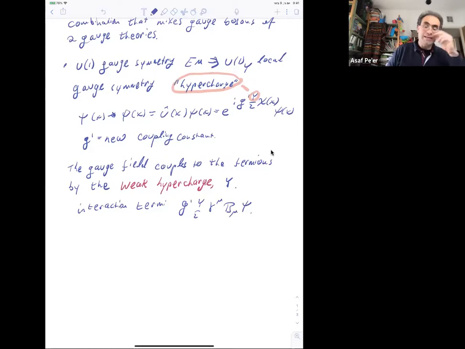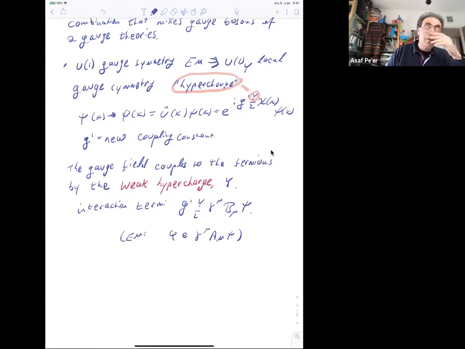So it looks exactly the same as what we had for the interaction term of the electromagnetic. You remember for EM, you had Q e gamma mu A mu psi. And here, rather than Q e, we have g prime Y over 2.